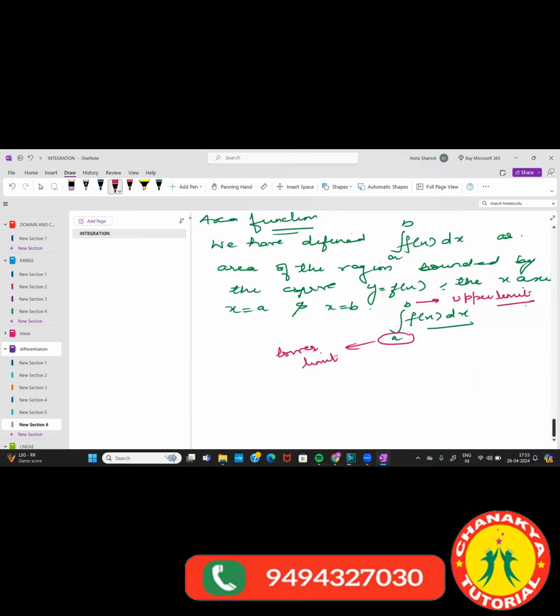Okay. So here, let's solve. Let x be any real number in the closed interval [a, b]. What do you mean by closed interval [a, b]? It will include a or not? Yes.